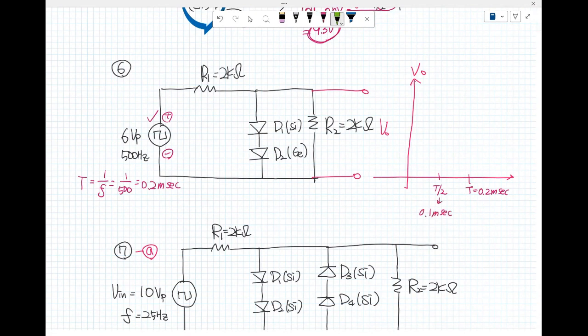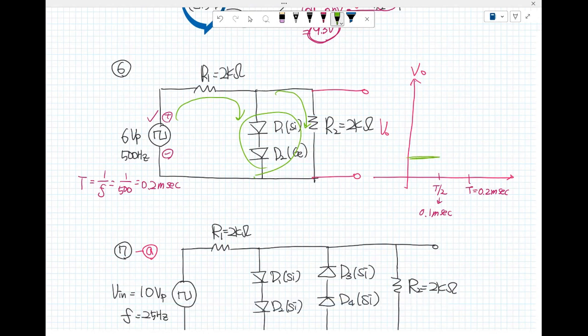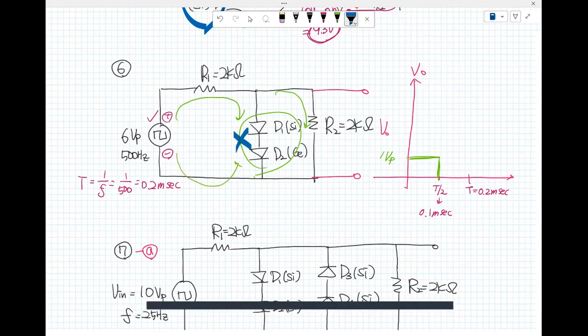Okay, now the positive part, like this one, like this one. So that was 1 volt, right? So it means like this one, 1 volt. And then the other one, reverse bias, the open circuit, that was 2 kilo, 2 kilo. The voltage divider is what?